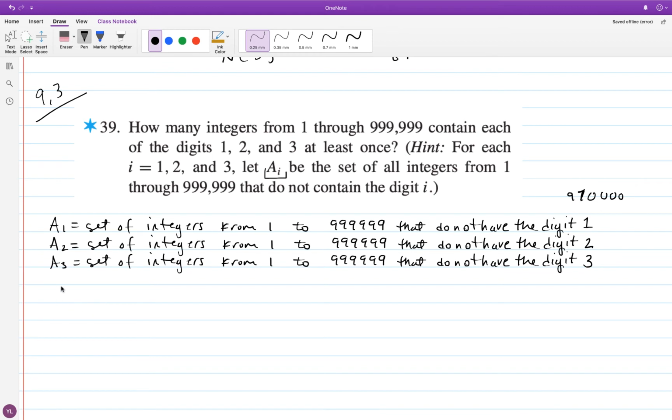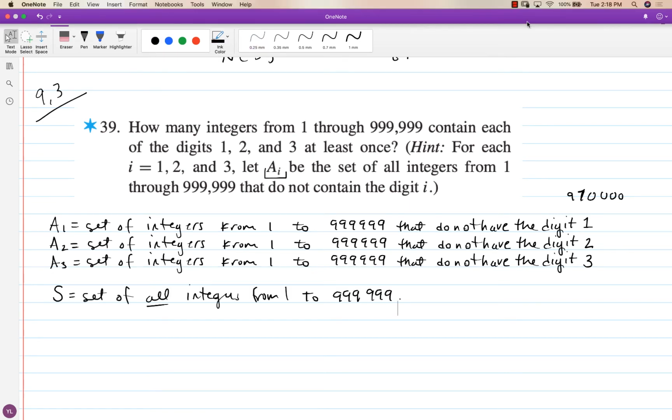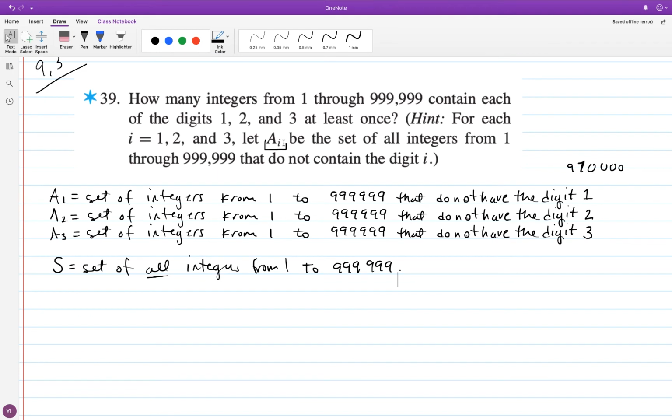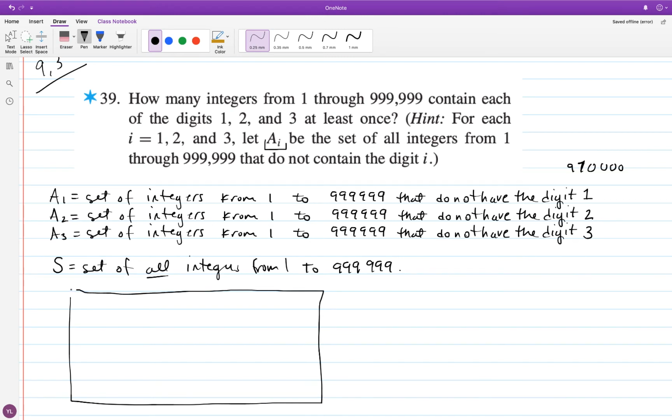And then let's go ahead and let S be the set of all integers from 1 to 999,999. All right, so let me draw a little Venn diagram to show the situation here. Let's say S is sort of the universal set. It's all of the numbers from 1 to 999,999. How many are there in the set S?